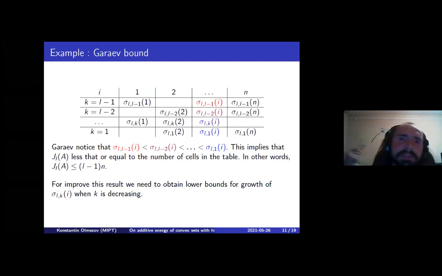So we need some lower bound for the growth of sigma in some columns.